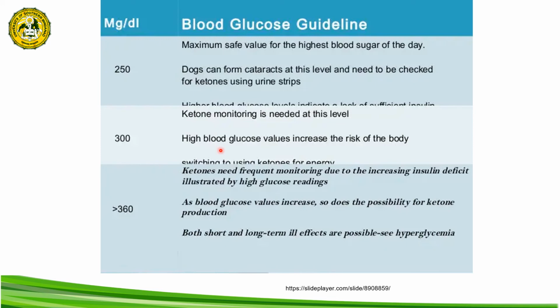High blood glucose value will increase the risk to the body. At more than 360 milligram per deciliter, the ketones need frequent monitoring due to the increasing insulin deficit, illustrated by high glucose reading. As the blood glucose value increases, so does the possibility for ketone production.